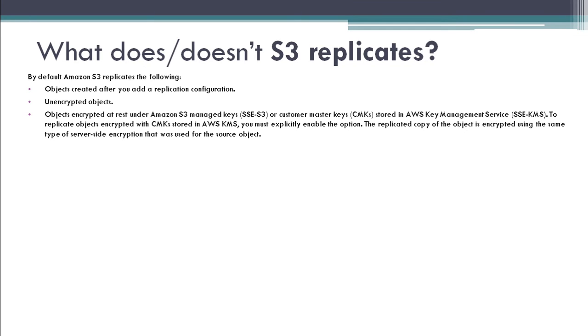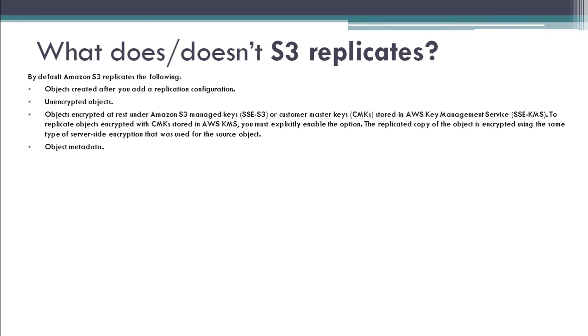So if you have encryption enabled with SSE-S3, it will get replicated. If you have encryption with SSE-KMS, those objects will also get replicated, and AWS can use your CMK keys for your encryption purposes.